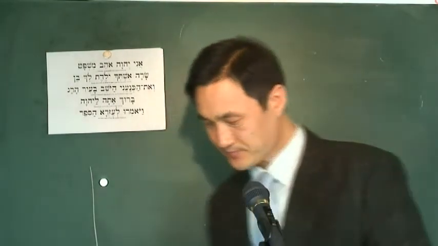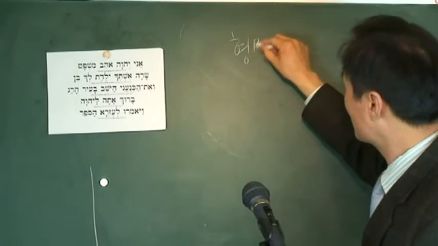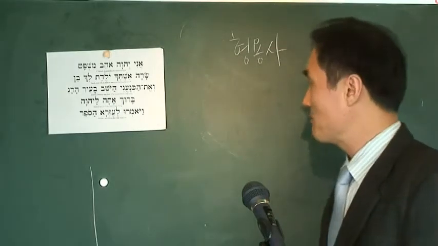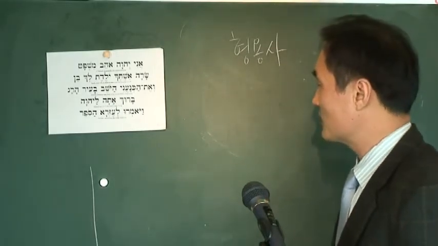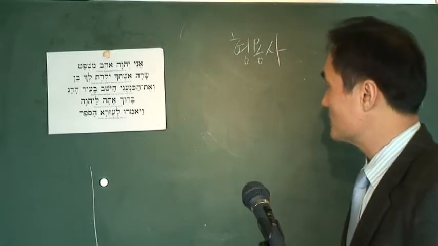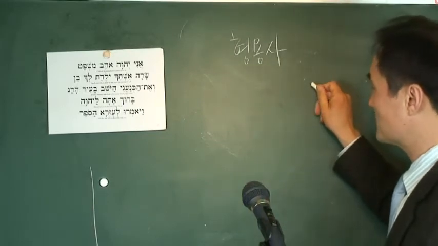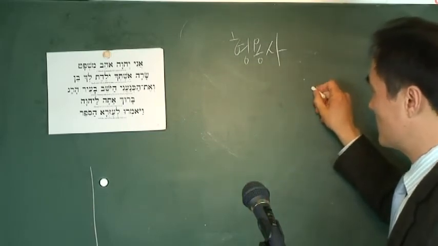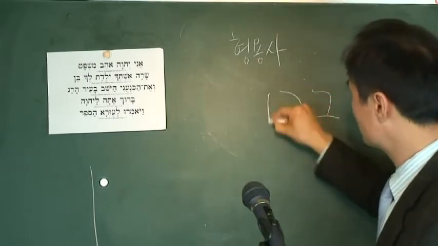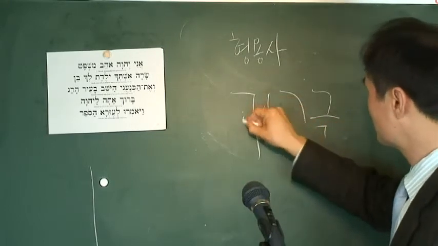Fourth, a participle can be used as an adjective. Let's look at an example. Baruch atah l'Adonai. The first word in the sentence is baruch, which is a kal passive participle.